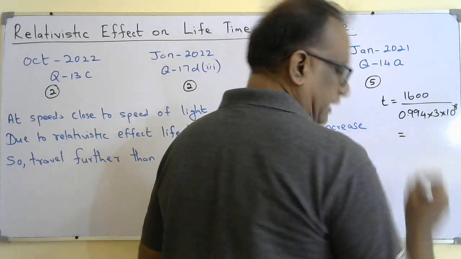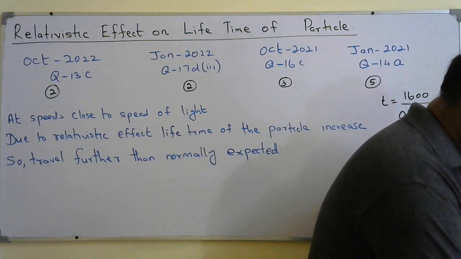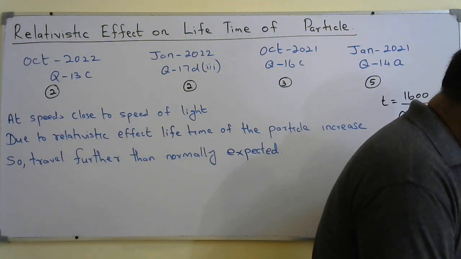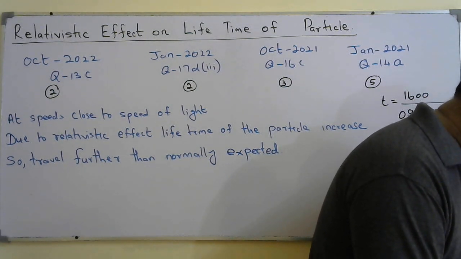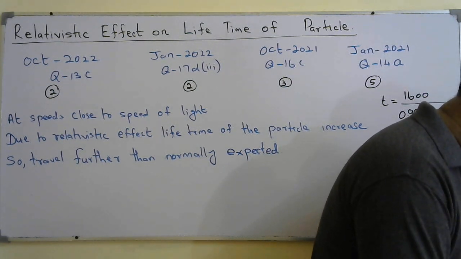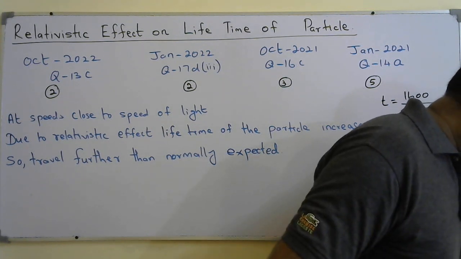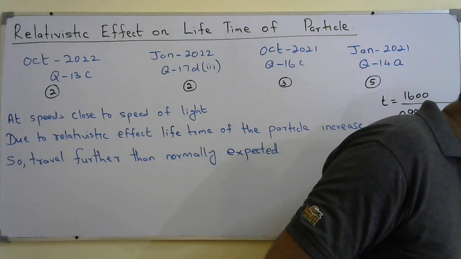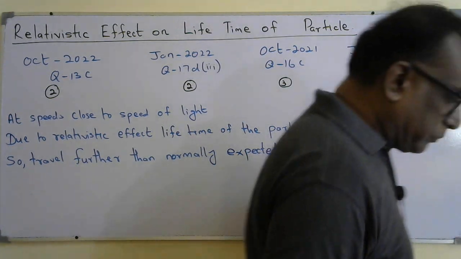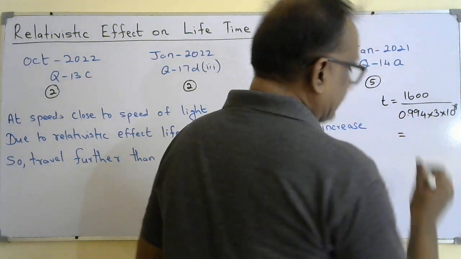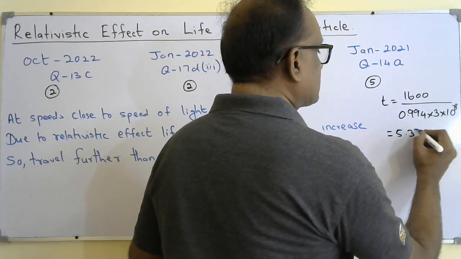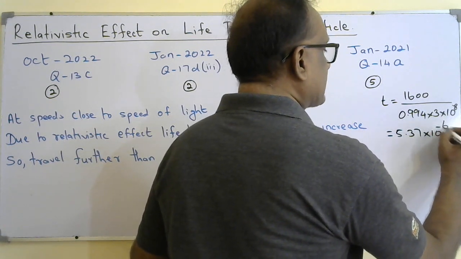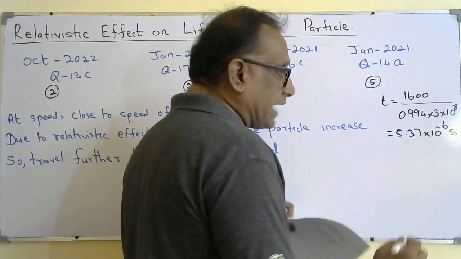If you solve this, the time that should be taken by the muon to reach the bottom of the mountain will be 5.37 × 10^-6 seconds, which is greater than the lifetime.